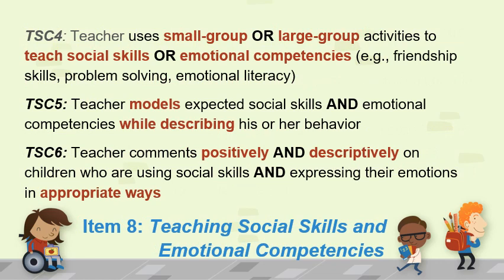The middle indicators for item 8, teaching social skills and emotional competencies, are TSC4. Teacher uses small group or large group activities to teach social skills or emotional competencies. For example, friendship skills, problem solving, emotional literacy.